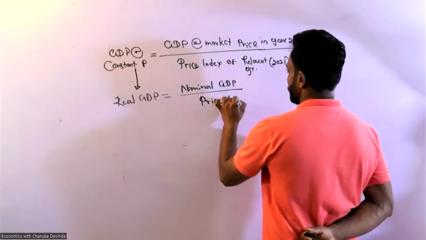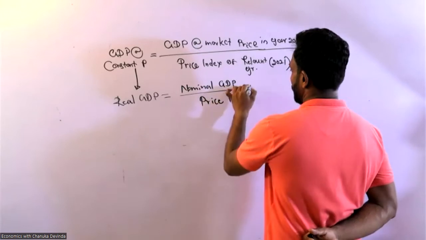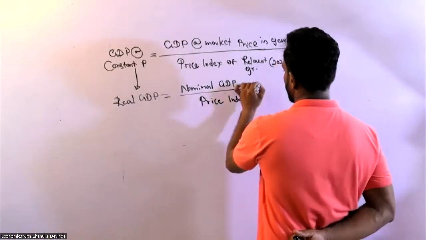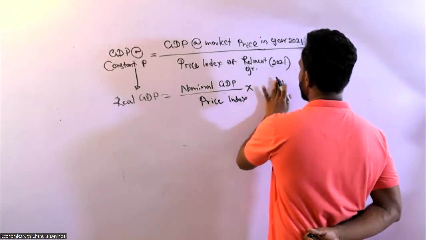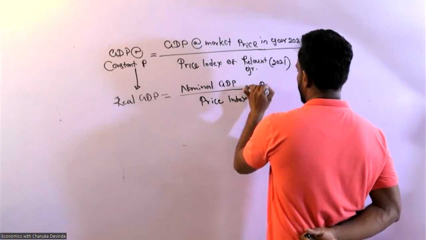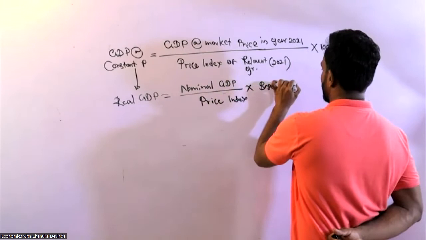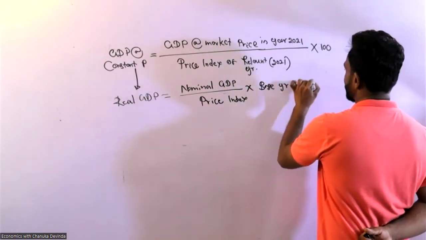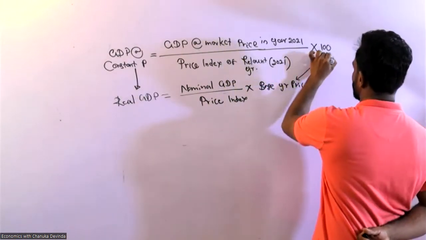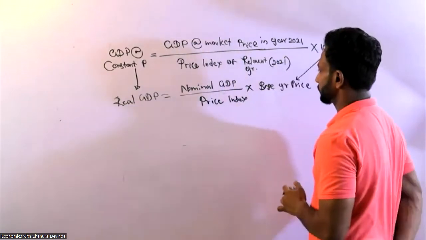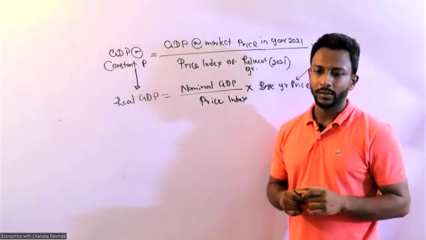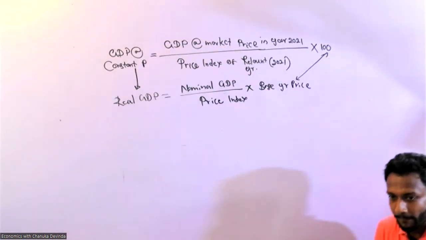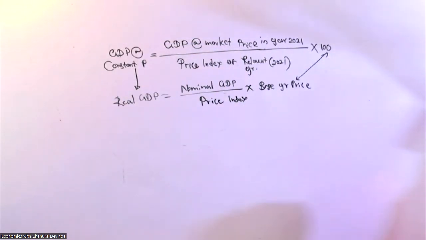Base year price is most of the time 100 or 1000, right? Just fill that one in as well.